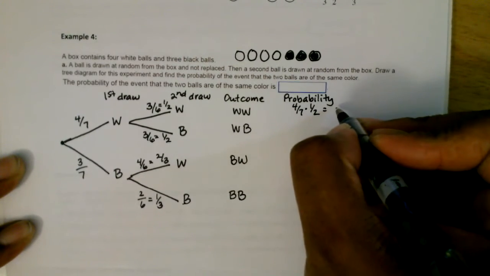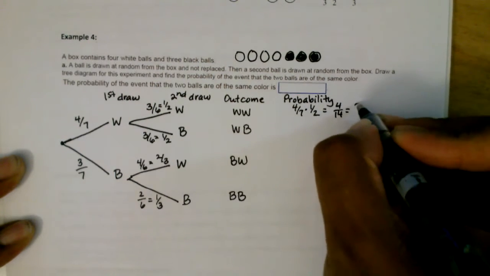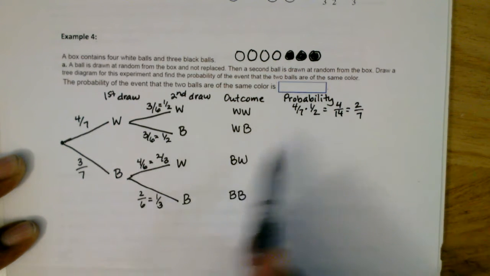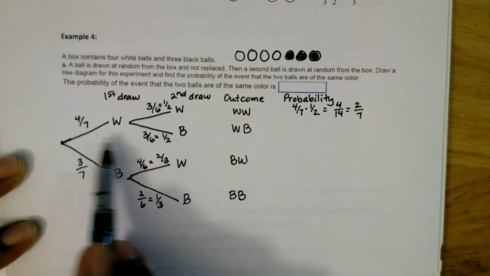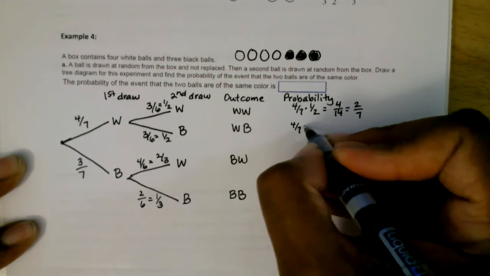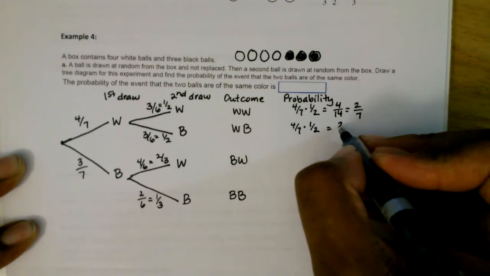This will be 4 over 14, but I can reduce that to 2 sevenths. And then for a white and a black, 4 sevenths times 1/2, which is also going to be 4 over 14, which is 2/7.